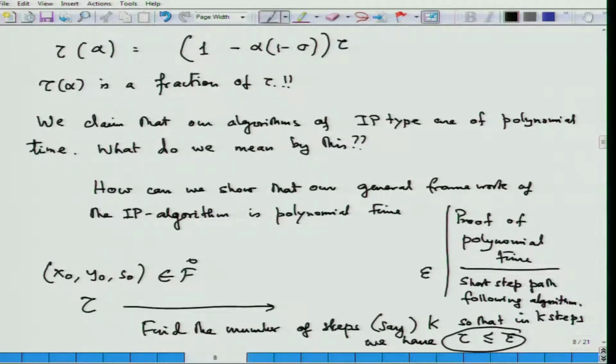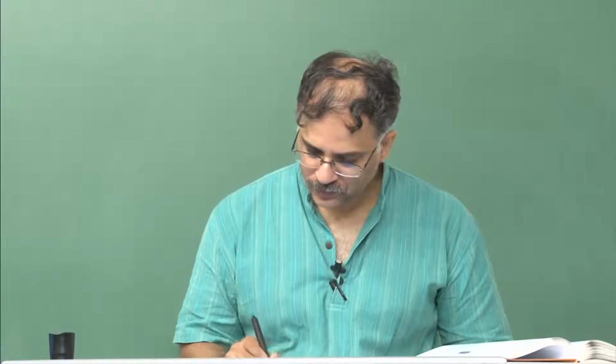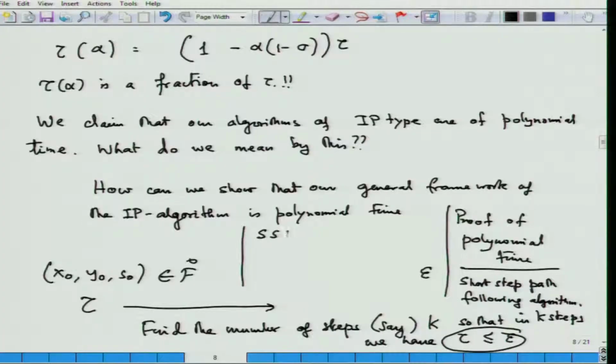So, the methods that we learn here are the following: the short step path following, the long step path following, and of course, there is something called the predictor corrector method.